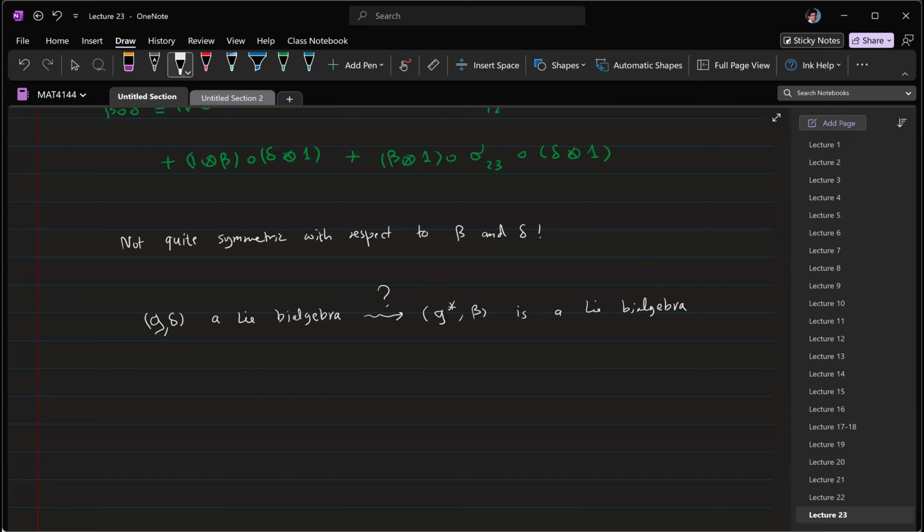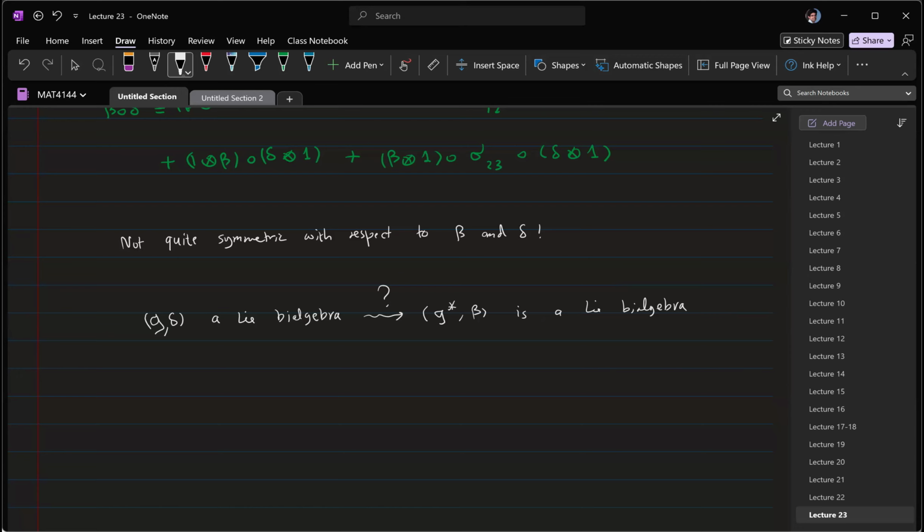And that is what's called a Manin triple. So we want to give another definition of this Lie bialgebra in the language of Manin triples. And this will also shed light on extra structure, which is very interesting from the point of view of quantization. And that's the motivation for me to talk about this Manin triple structure.